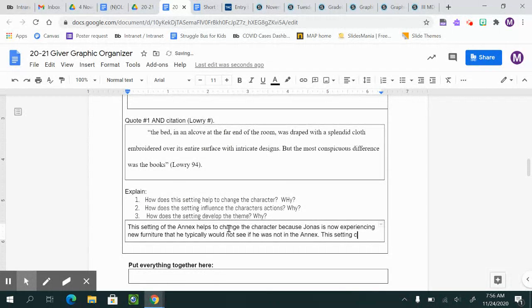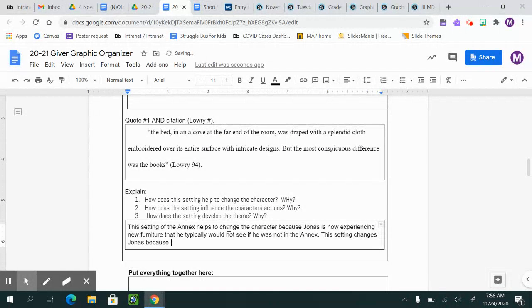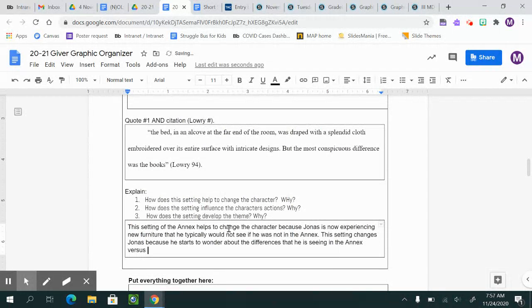This setting changes Jonas because he starts to wonder about the differences that he is seeing in the annex versus the community. Okay, so right there, I said how the setting helps change the character, and then I explained why. Because it's not something that he would typically see.